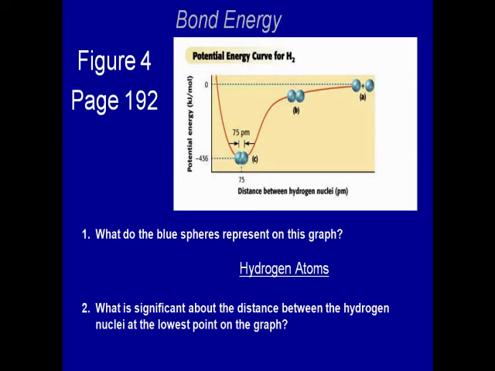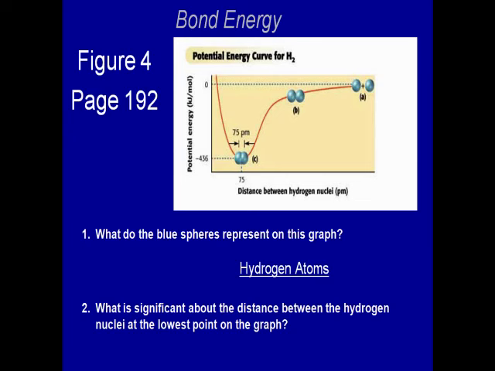Other things to note about the graph is that potential energy, which is the energy of position, is along the y-axis, and the distance between the hydrogen nuclei is graphed along the x-axis, and notice it has units of picometers.